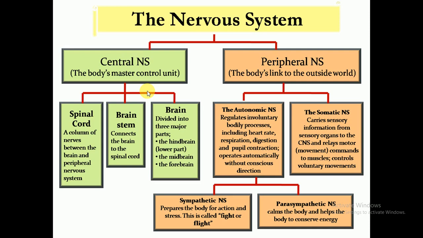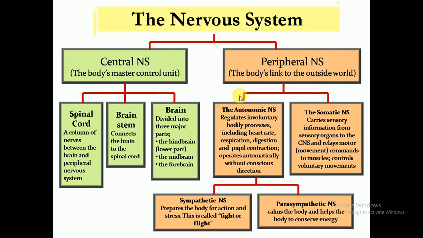The central nervous system consists of the brain and spinal cord, and it is called the body's master control unit. Just as the CPU, the central processing unit, is the basic component of a computer, in the same way the central nervous system is the body's master control unit.